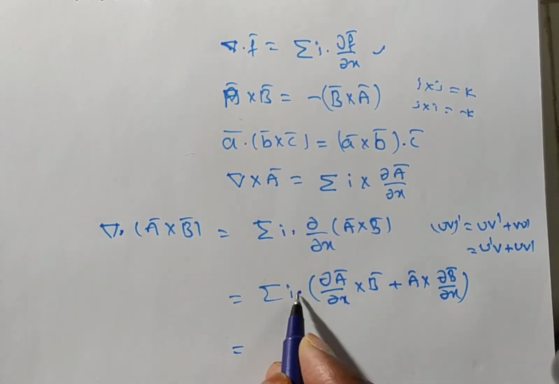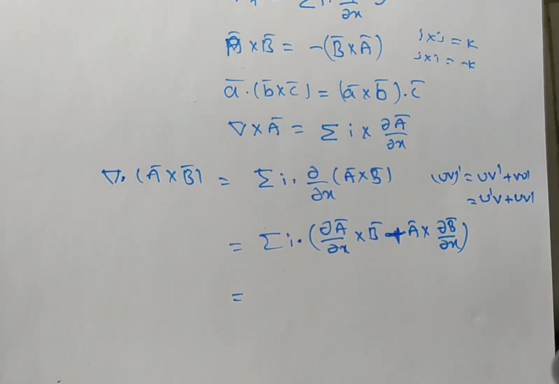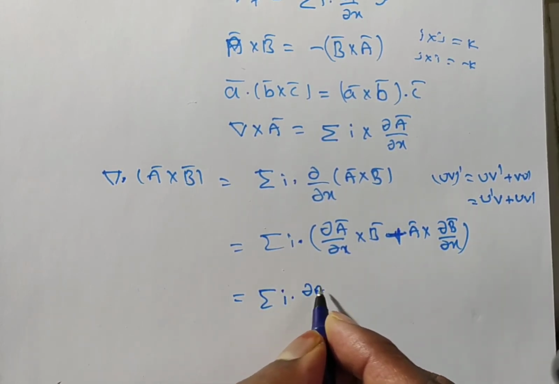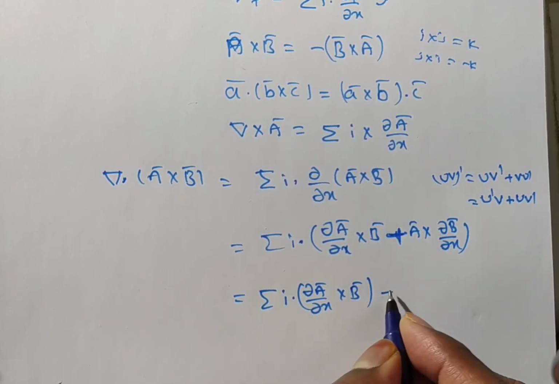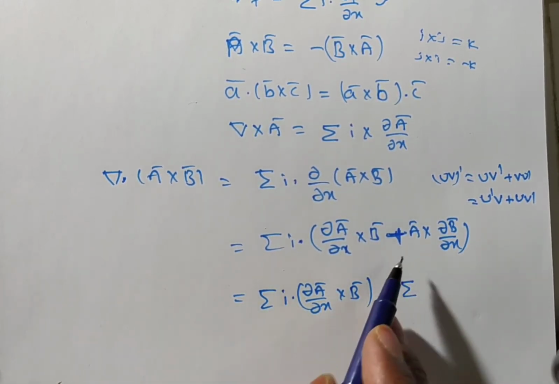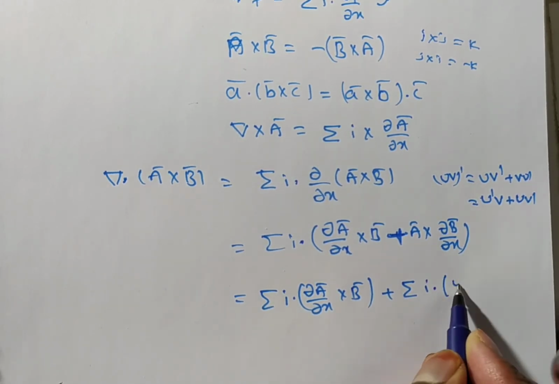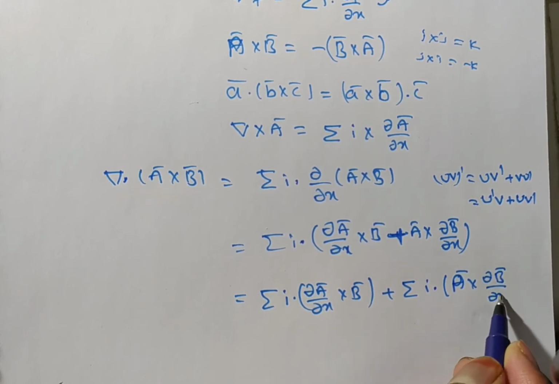Now you see, i dot of two terms is there, and in between you have addition, so you can separate the terms. Then you will have summation i dot (dou a bar by dou x cross b bar) plus, again applying summation for the second, summation i dot (a bar cross dou b bar by dou x).